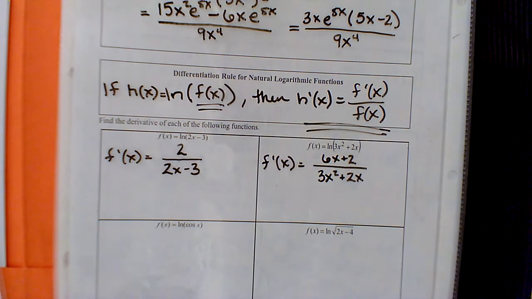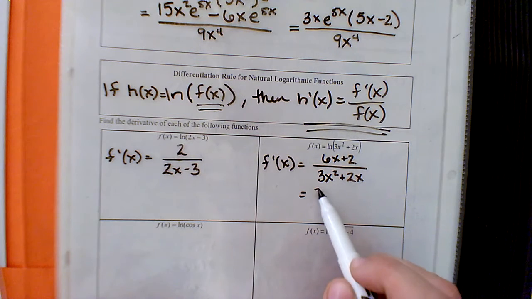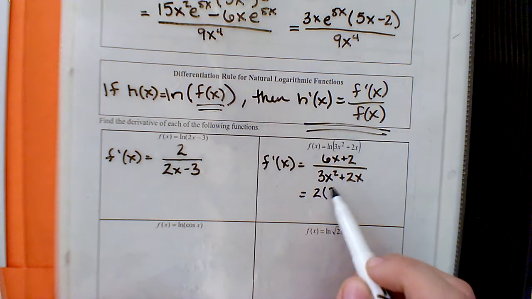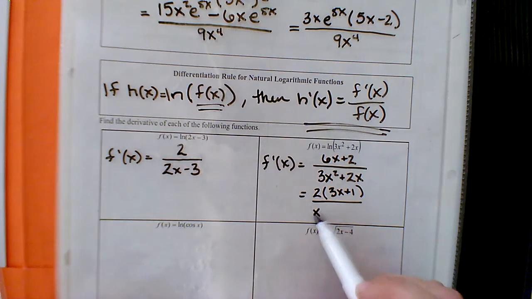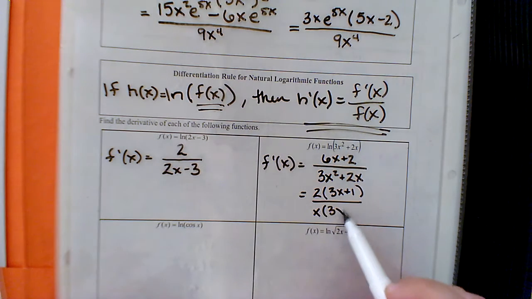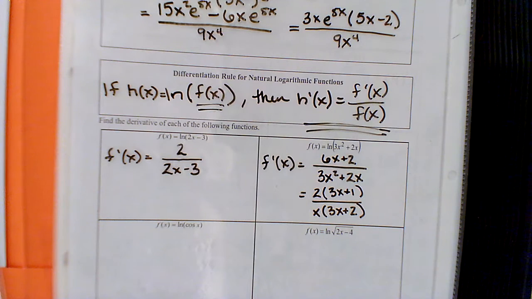Sometimes you might be able to simplify these a little further, like factoring and canceling things out, but it doesn't look like anything's going to happen in this case, because if we tried to factor it, we could only pull out a 2 from the top and an x from the bottom. Notice how none of those match or cancel out. So we're just left with that as the final derivative.